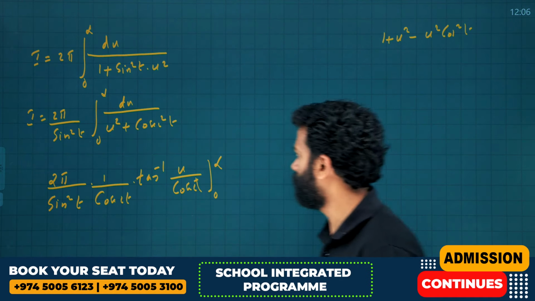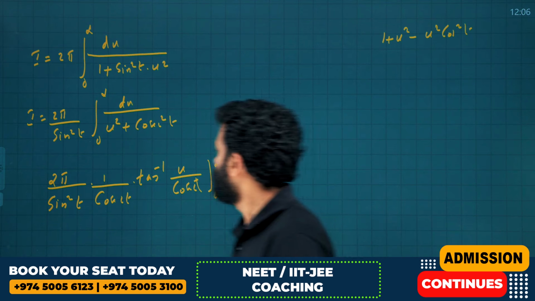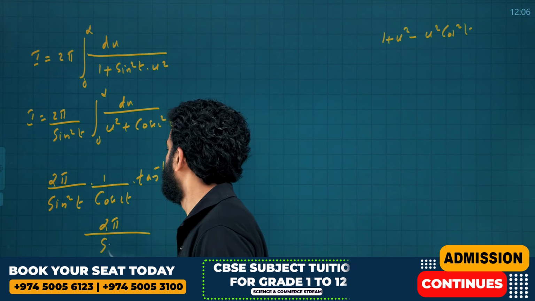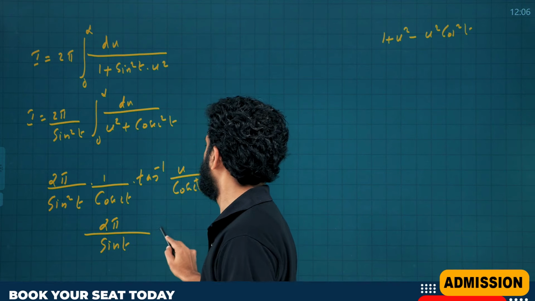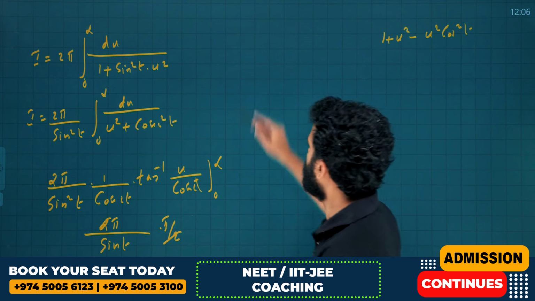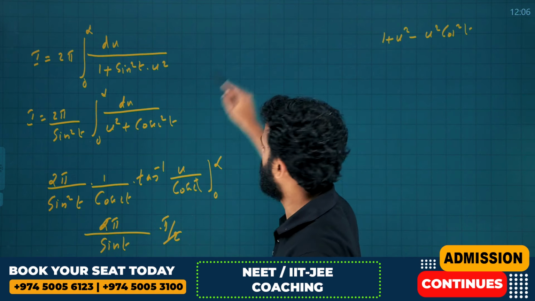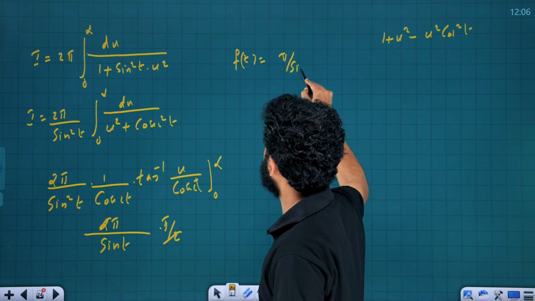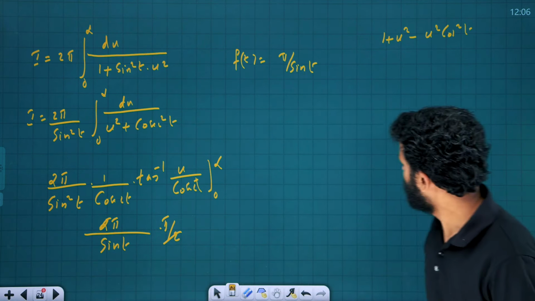Substitute 0, you will get 0. Substitute infinity, you will get pi by 2, right? Therefore, it will be 2 pi divided by sin t into pi by 2. That is just pi itself. That is pi by sin t. That is I is equal to f of t, right? That is f of t is equal to pi by sin t.